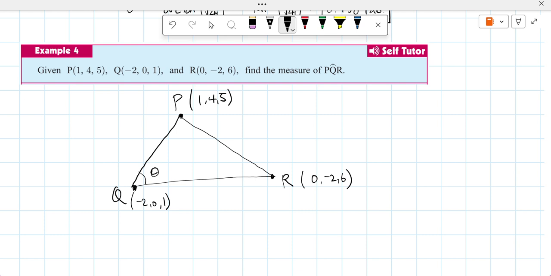Well, cosine rule is easier to use in this case because we need to find the angle, so we need to know the length of three sides. And we happen to just have learned the formula that we need to find the distance between the 2 points in 3D.